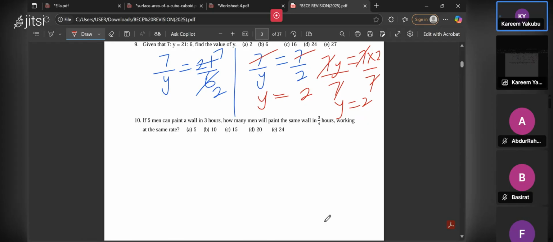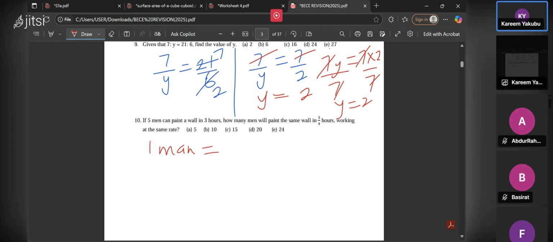The first thing you need to do here is find how many hours it will take one man to do the job. And the question is how many men will paint the same wall in 3 over 4 hours? You can see 3 over 4 hours is not up to an hour. So what we're going to do first is calculate for one man.